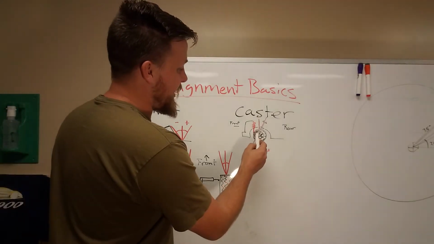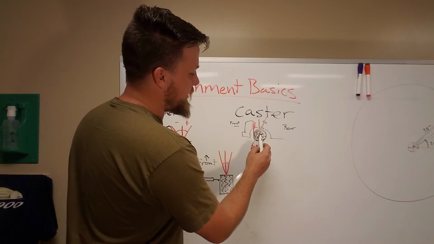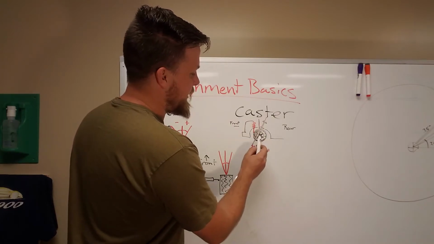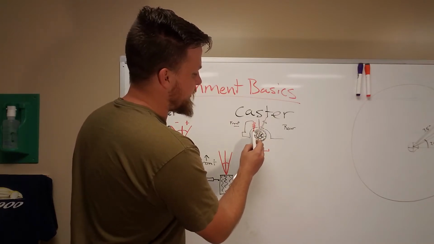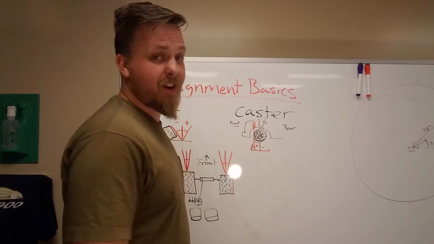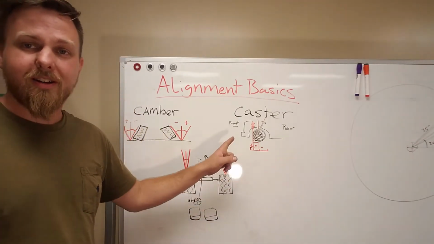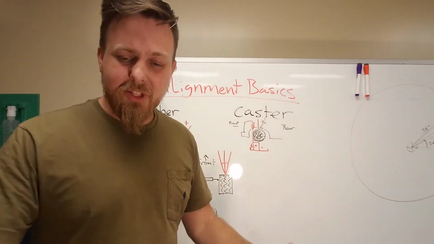But because the actual center line for where the wheel rotates, right here, is back here, and then your steering axis would be here, you still have a considerable amount of caster. There's still a large portion right there. So that's what caster is.